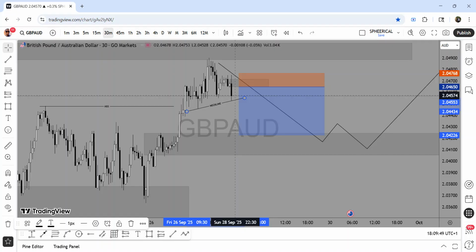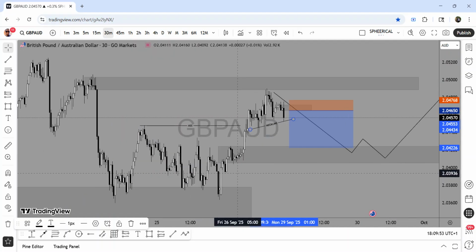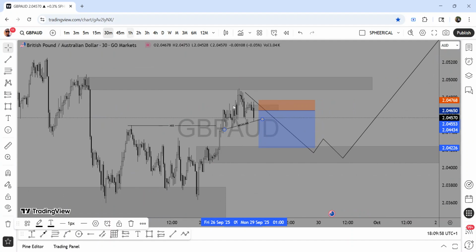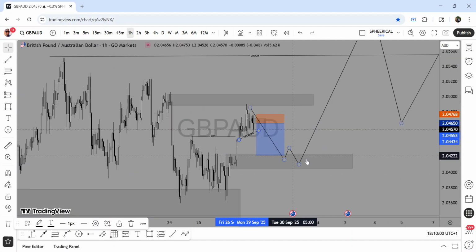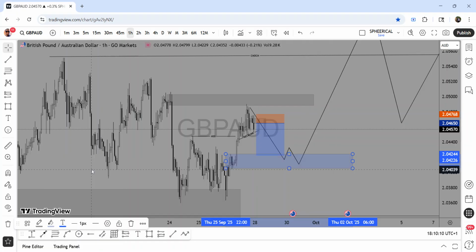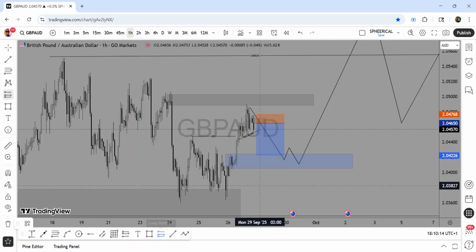So this is the data we have. If the market finally retests here to this demand zone, let me map it out in blue, if the market finally comes down to that zone, we'll be expecting to buy it. So where will your target be if you buy here?